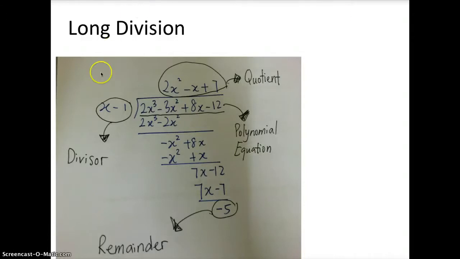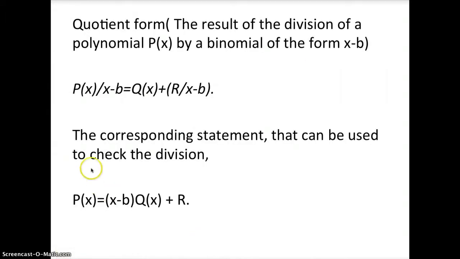These are some of the basic knowledge about long division: this is the quotient, this is the polynomial, this is the divisor, and this is the remainder. Quotient form. So what is quotient form? The result of the division of a polynomial by a binomial of the form x minus b.